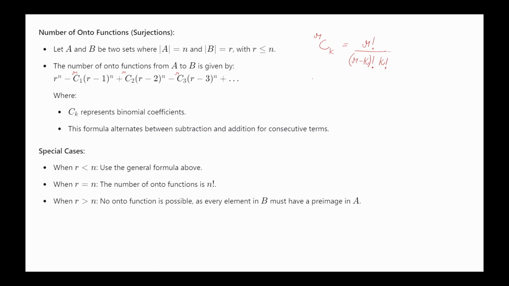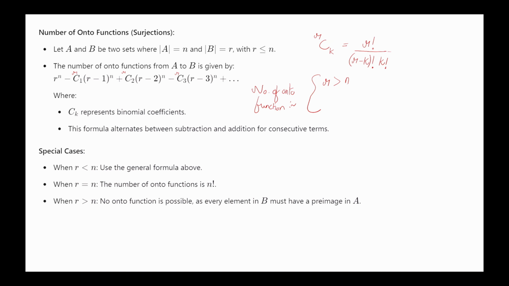Now let's say if you have number of onto functions, how are you going to find it out? So number of onto functions, considering that I have in my first set n number of elements and in my second set I have r number of elements. Now let's say if my r is greater than n, that means number of elements in my second set is greater than n.